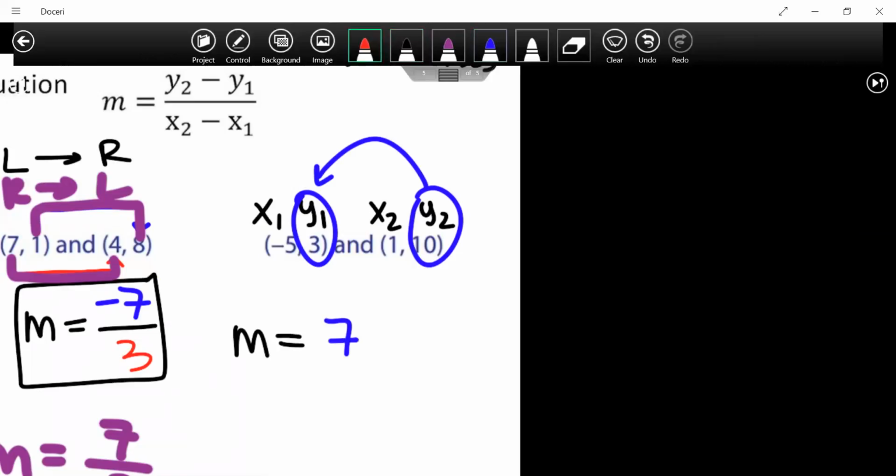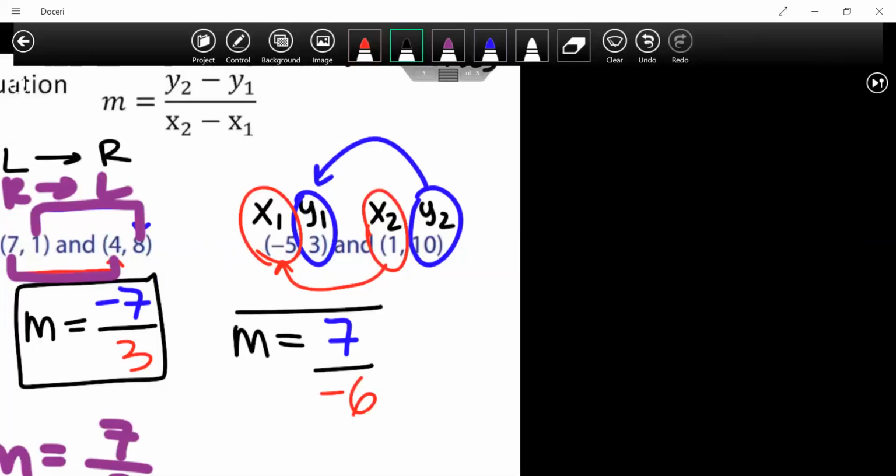What is my x2 minus my x1? What's 1 minus 5? Negative 5. It's kind of a modified way of doing it.